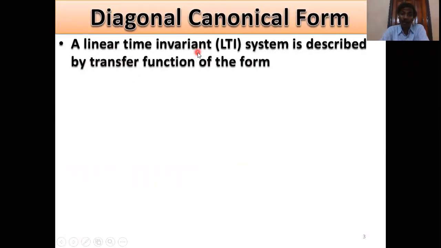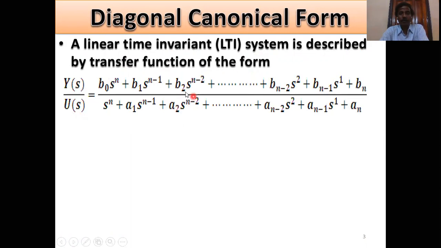A linear time invariant system is described by a transfer function of the form Y(s)/U(s), already discussed: b0 s to the power n plus b1 s to the power n minus 1 plus b2 s to the power n minus 2 plus b(n-1) s to the power 1 plus bn, and denominator s to the power n plus a1 s to the power n minus 1 plus a2 s to the power n minus 2 plus a(n-1) s to the power 1 plus an.